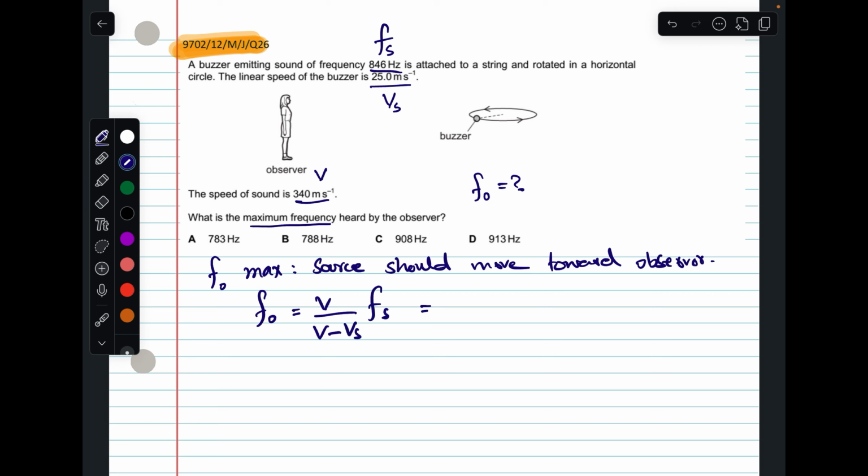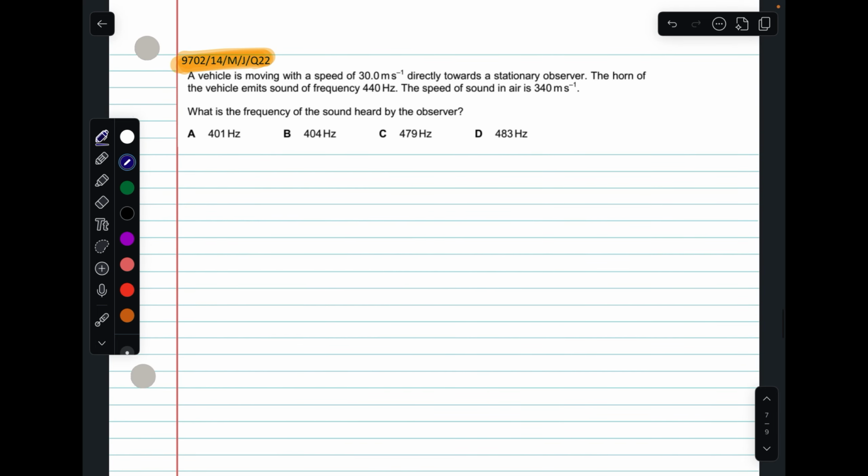Just putting the values, 340 divided by 340 minus 25, into 846, you will get 913.14 hertz. So that is option D. When you round this off, it will be 913. Okay, let's move forward to the next question.